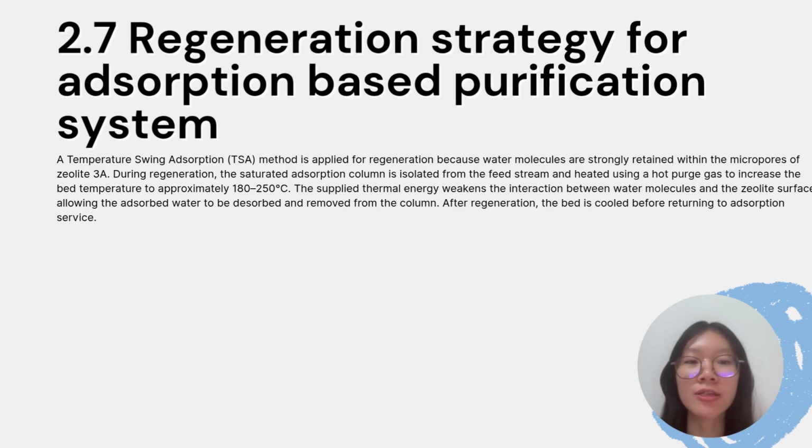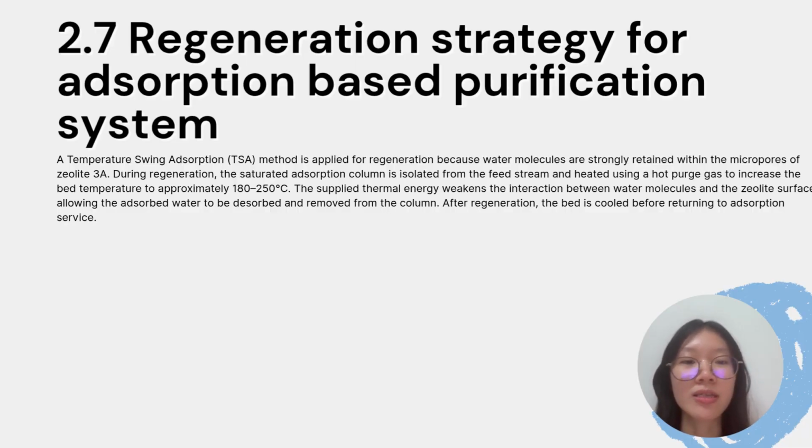The operating conditions are chosen to maximize water removal while keeping methanol in the liquid phase. The adsorption temperature is set at 60 degrees Celsius because lower temperature generally improves adsorption efficiency. The pressure is maintained at 7,500 kPa to ensure methanol remains in the liquid phase and to support integration with the upstream process.